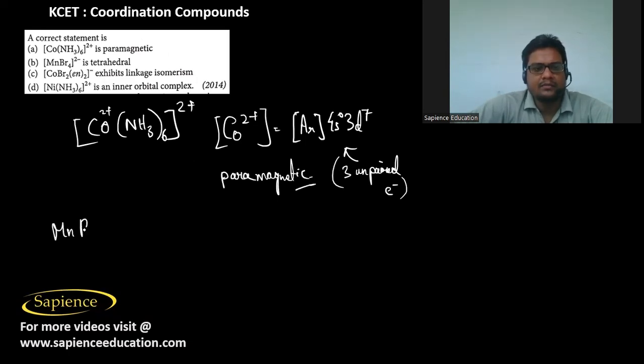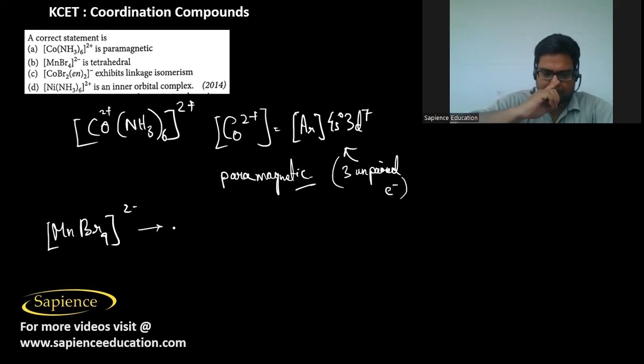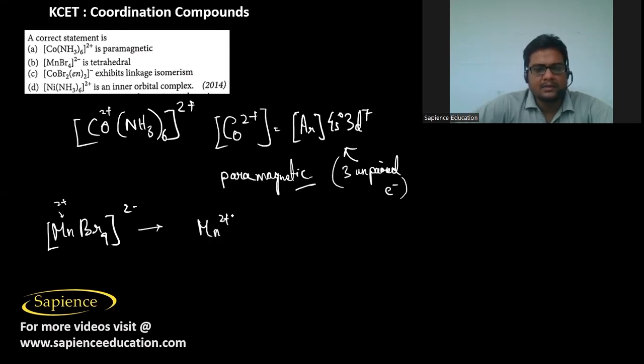And in MnBr4 2-, the shape is tetrahedral. So that is also true. Why? Here Mn is in the 2+ state. So for Mn2+, the electronic configuration will be argon 4s0 3d5, and obviously 4p0.